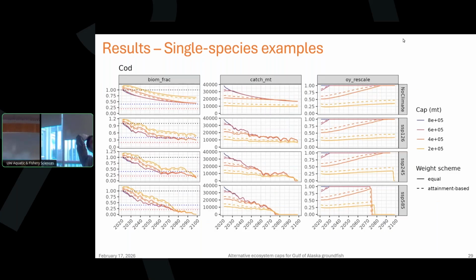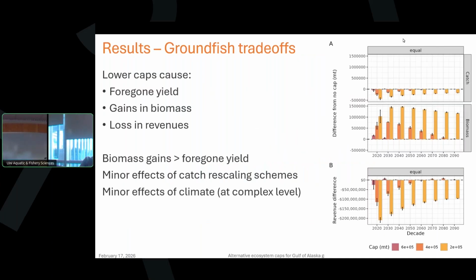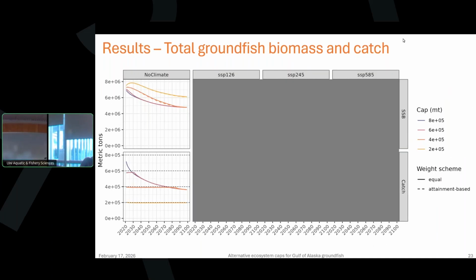What does biomass have to be before the cap comes into place, if you apply your harvest control rule? Well, that's the equilibrium that you showed us. The problem is, it's hard to do on a single species basis, because the cap is multi-species.